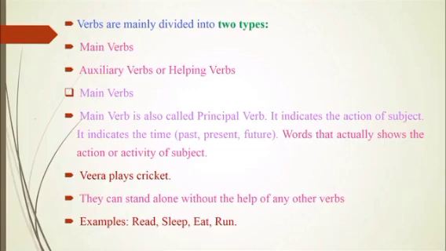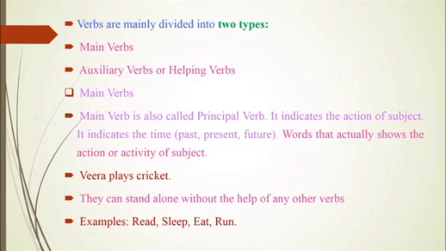Next, we are going to learn about two types of verbs. Verbs are mainly divided into two types. The first one is main verbs and the other one is auxiliary verbs or helping verbs. First, let's see about main verbs.